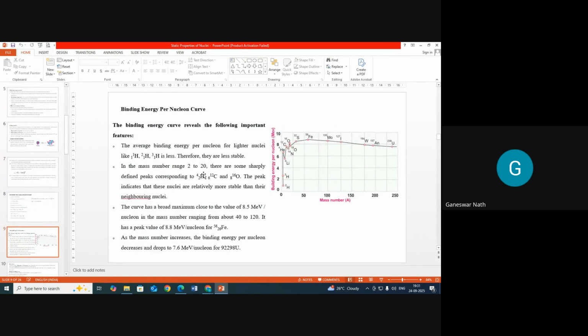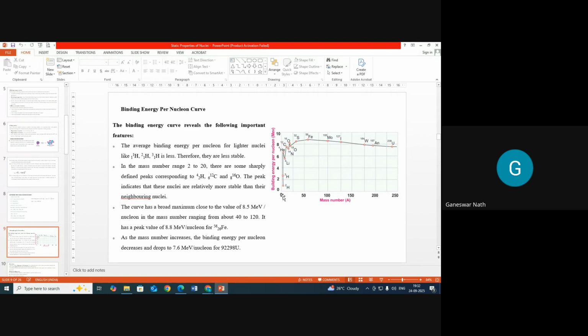Now the binding energy curve per nucleon: this is called the binding energy per nucleon curve. On the x-axis we have taken the mass number, and on the y-axis the binding energy per nucleon. You can see from this graph that the binding energy per nucleon simply increases for the light nuclei, but after that it has some wavy structure, and after iron or sulfur it becomes stable, or saturated.